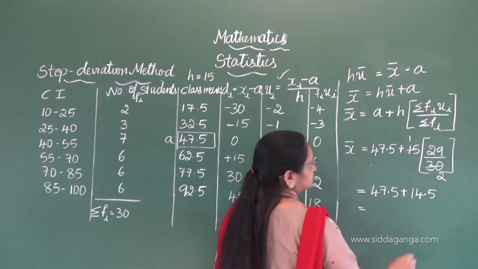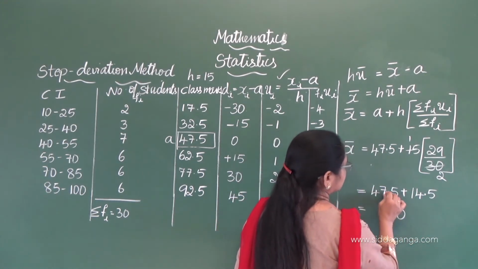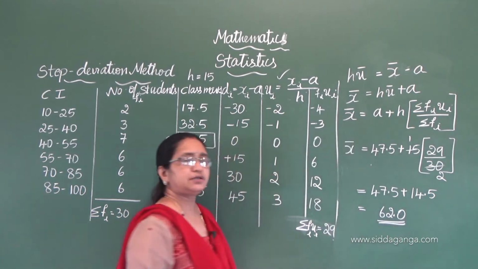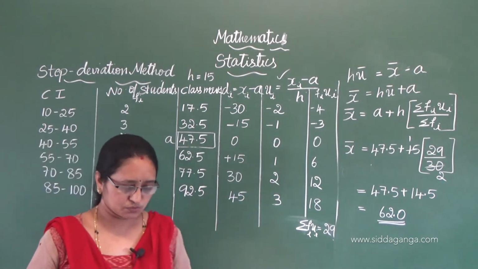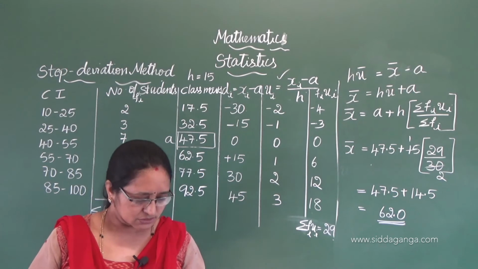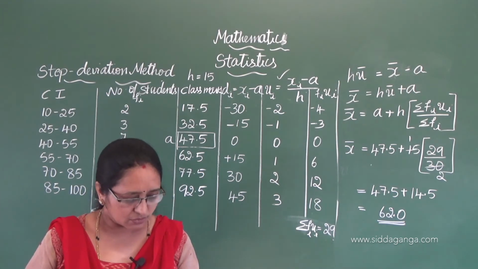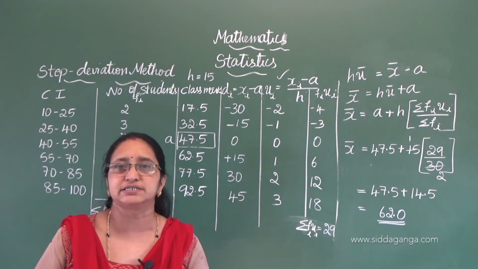Now add: 47.5 plus 14.5 is 62.0, that is 62. See here, we got the answer. So, the mean marks obtained by the students is 62.